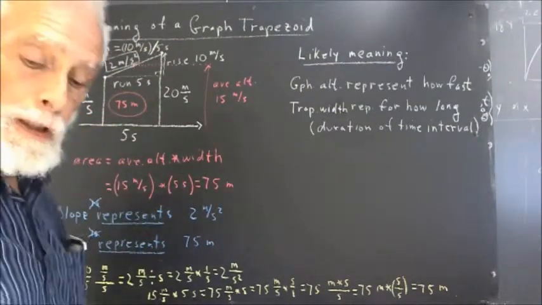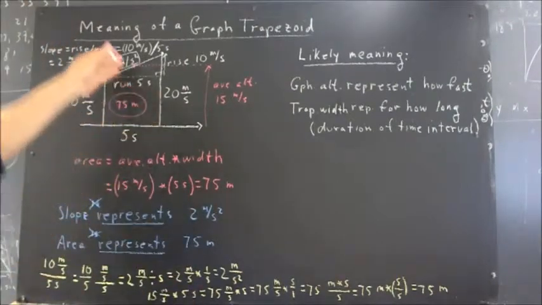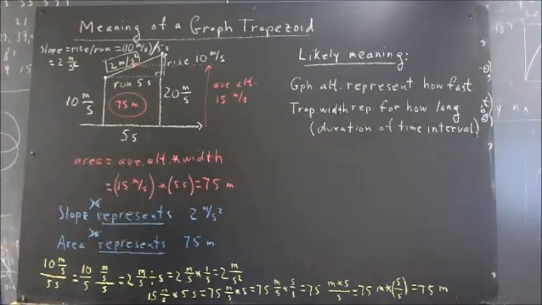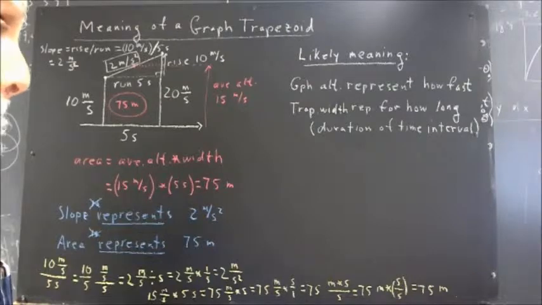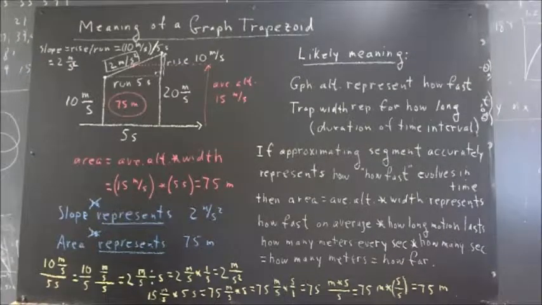Okay, so what would the slope and what would the area of this trapezoid represent? So I can make the following statement.